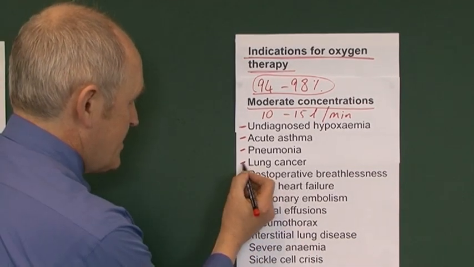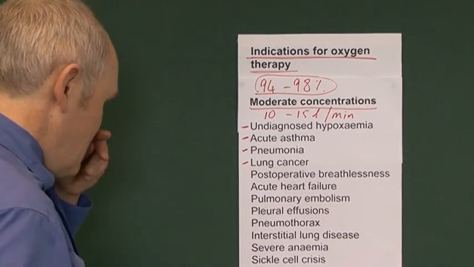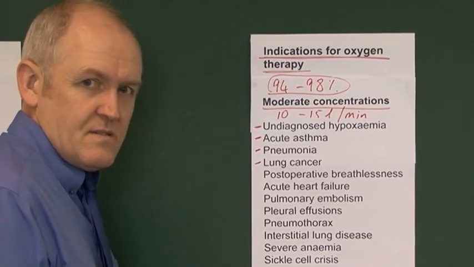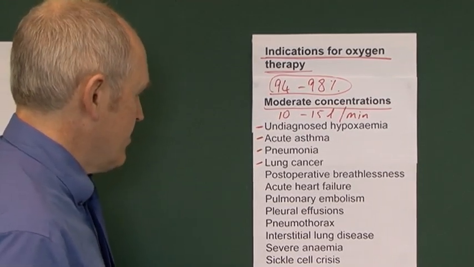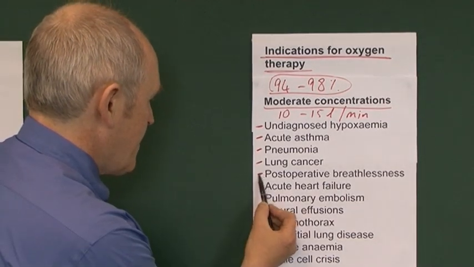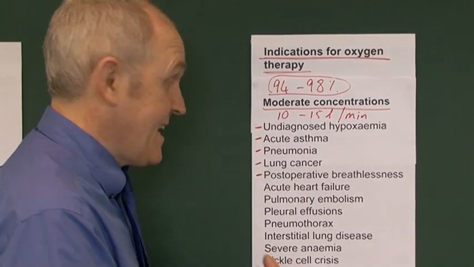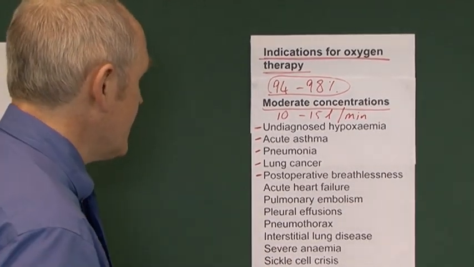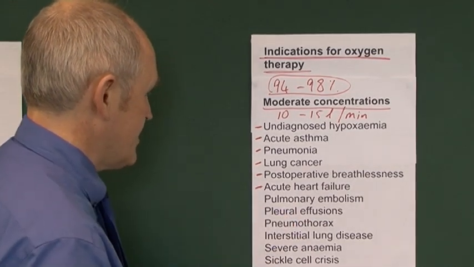Lung cancer, of course, can cause all sorts of anatomical problems in the lungs, blocking up bronchial passages and causing areas of consolidation, all sorts of problems. Post-operative breathlessness. Giving oxygen in this situation also helps the patient to blow out any anaesthetic gases which are left over, which is good. Acute heart failure situations, giving moderate concentrations.